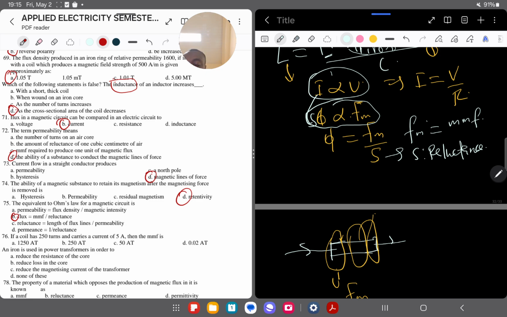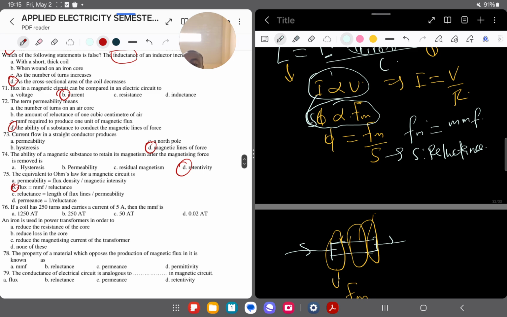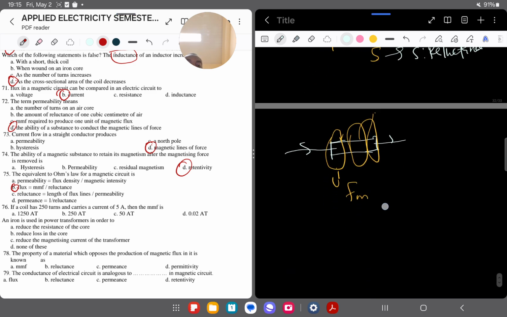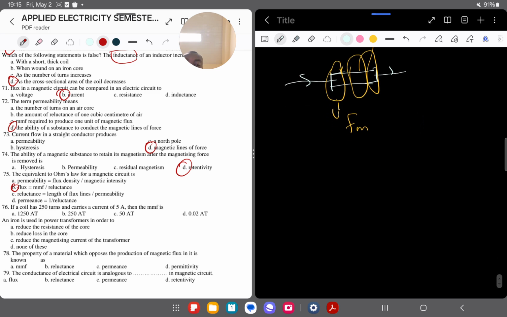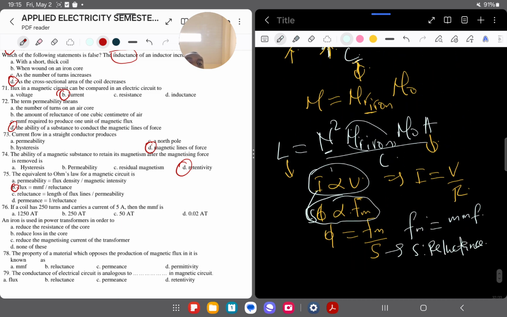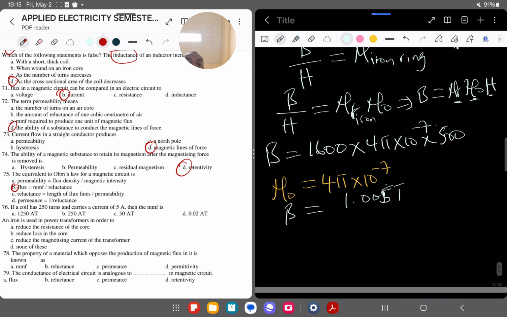Now, moving to the next question. If a coil has 250 turns and carries a current of 5 amps, then the MMF is what? You know the number of turns and the current passing through. It's similar to what I wrote earlier.